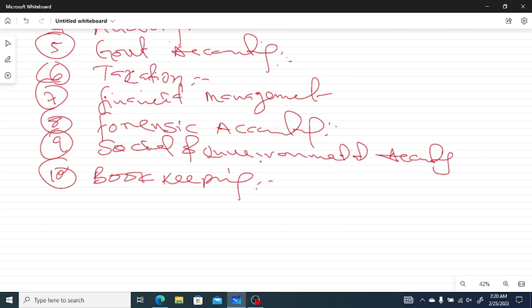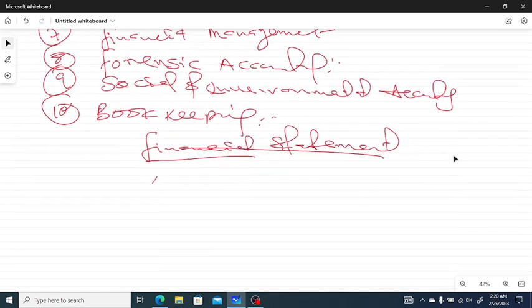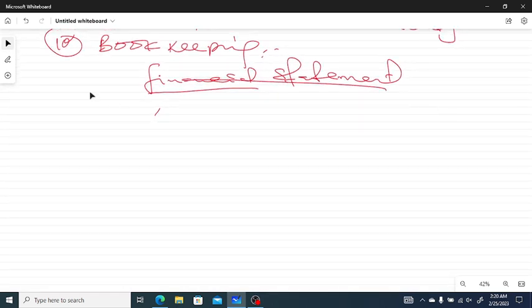So now we are going to look at the financial statements. Financial statement of an entity. What do we really mean by financial statement? As I explained earlier, we have to record.